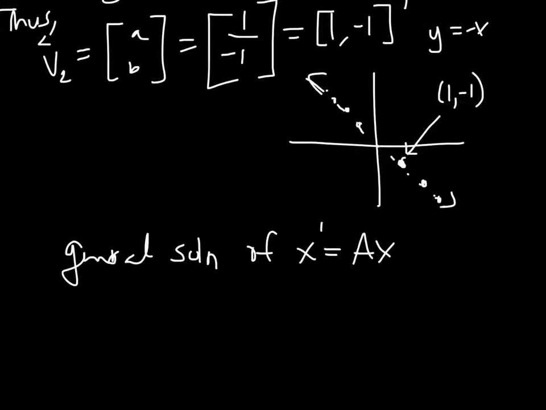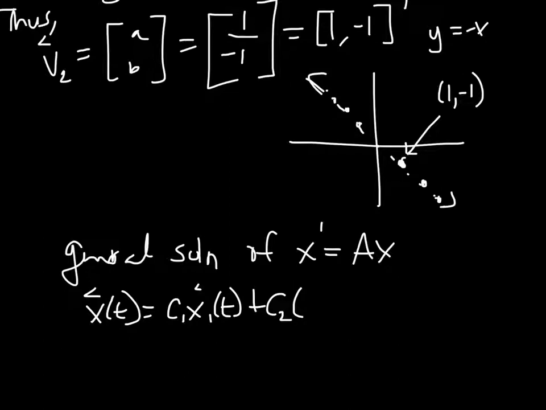We have x of t equals c1 x1 of t plus c2 x2 of t, and then it goes plus dot dot dot to cn xn, but our n here is 2 because we have 2 eigenvectors.